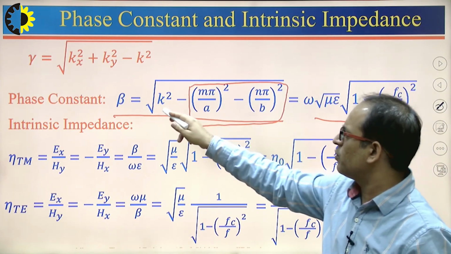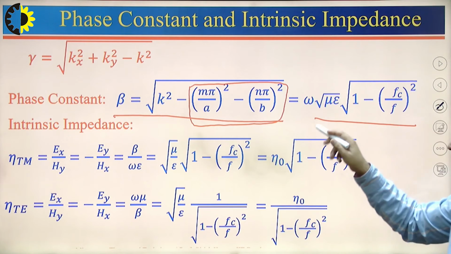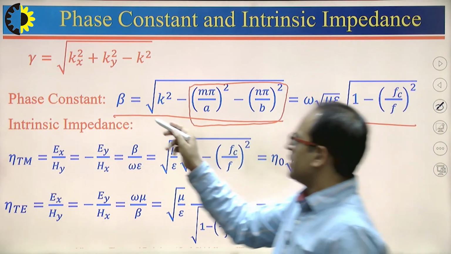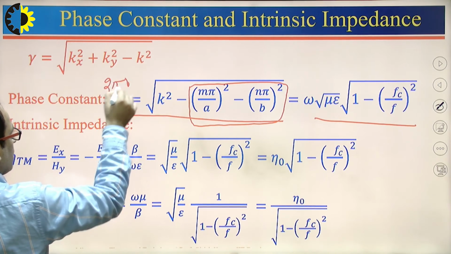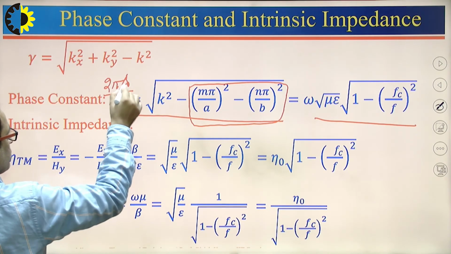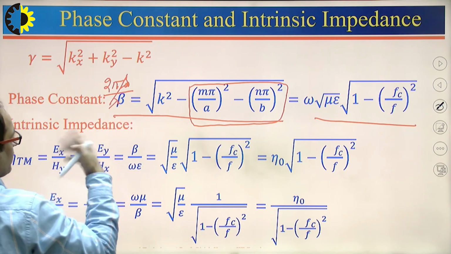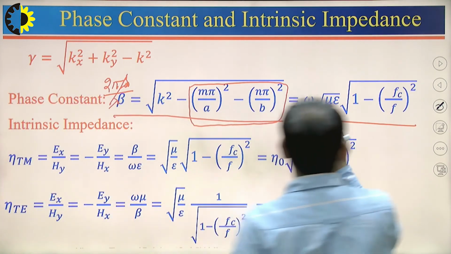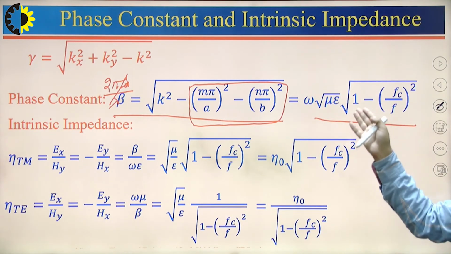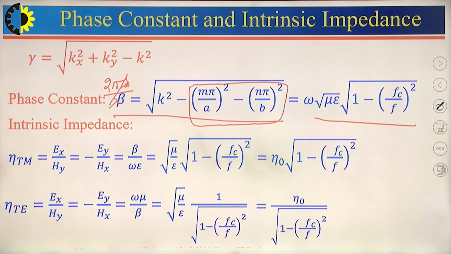On putting this value of omega square, this one, you will get beta is 2 pi by lambda. Clear? On putting this value, you will get beta comes out to be omega root of mu epsilon and root of 1 minus fc by f whole square.